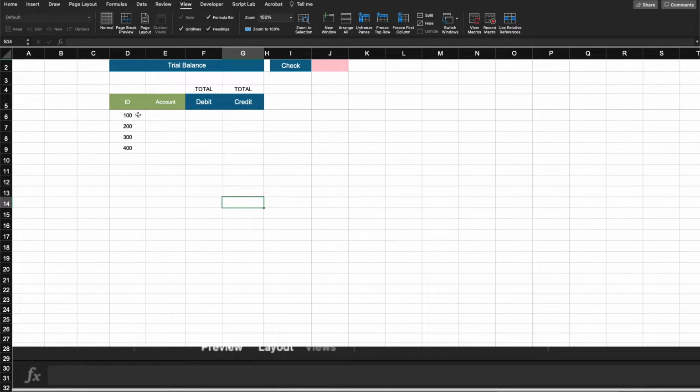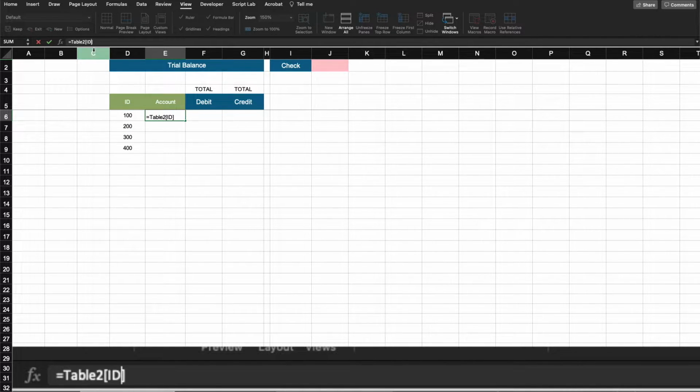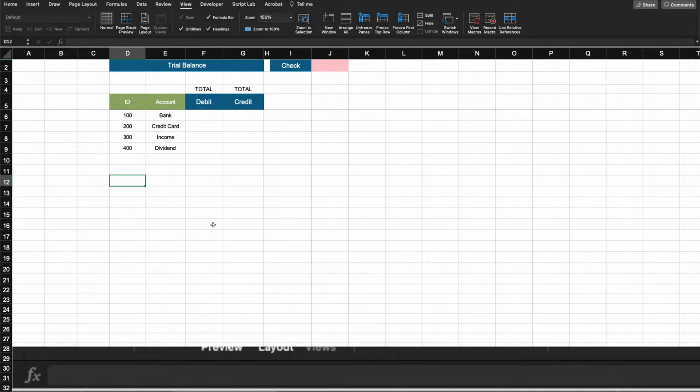All right. So these are our T accounts, and we just copy the formula here. And let's get the account names, or instead of ID, you can just put account names. And while we're at it, let's get debit and credit entries too. Debit, or C for credit.